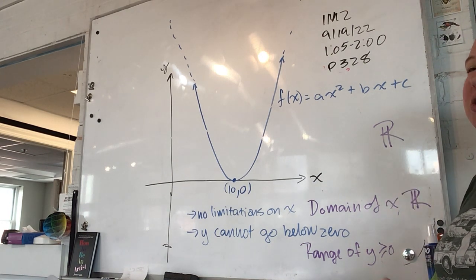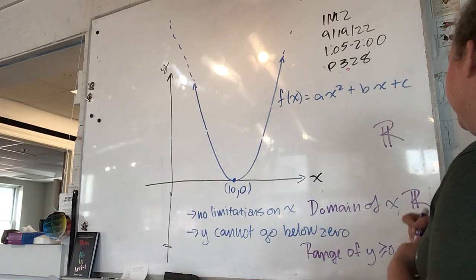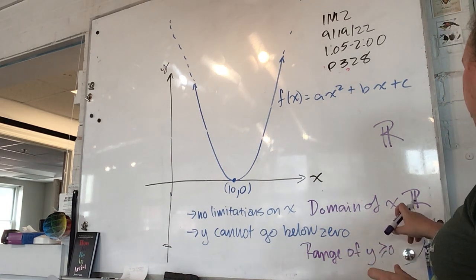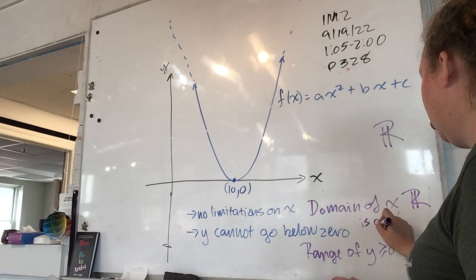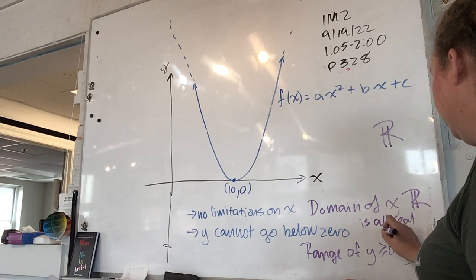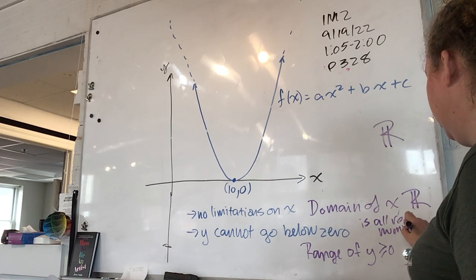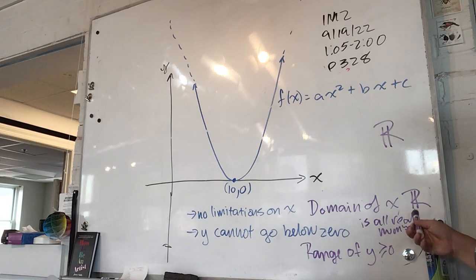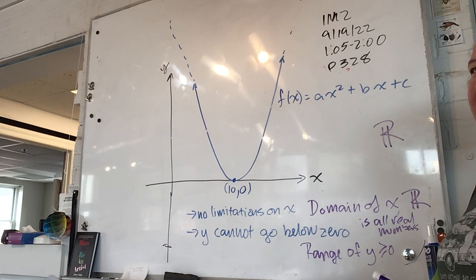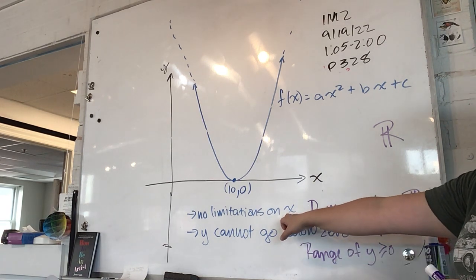So this is just another notation. You could just write the domain of x is all real numbers. This bold capital R stands for all real numbers. In other words, there are no limitations on x.